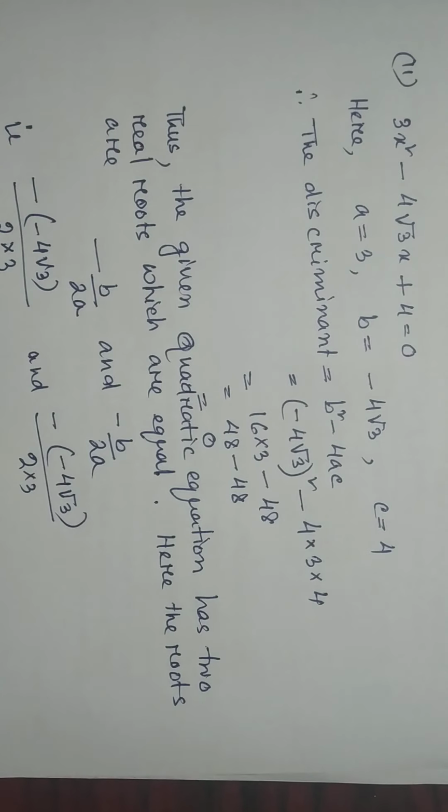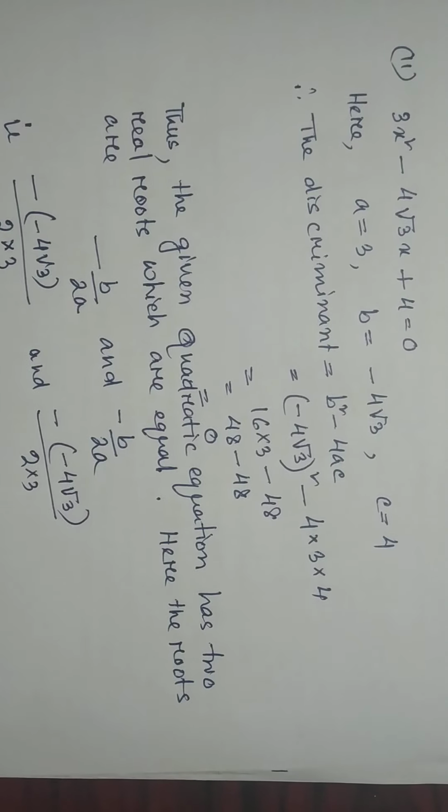Here we can put it this way. This is equal to plus 4 root 3 by 6. We can write 6 as 2 into root 3 into root 3, and 4 root 3 as 4 root 3. Root 3 cancels, and if we cancel by 2 then this is 2.